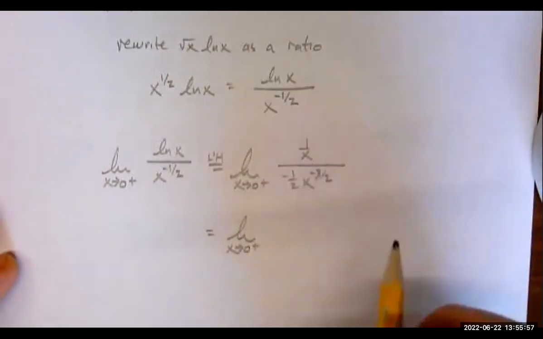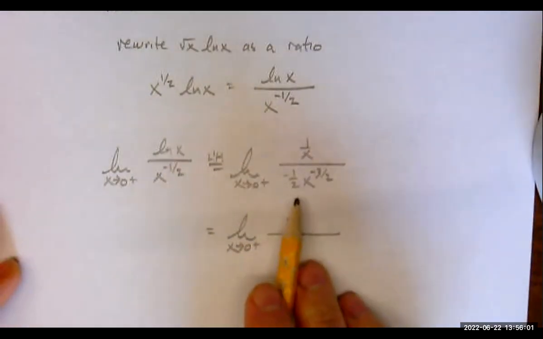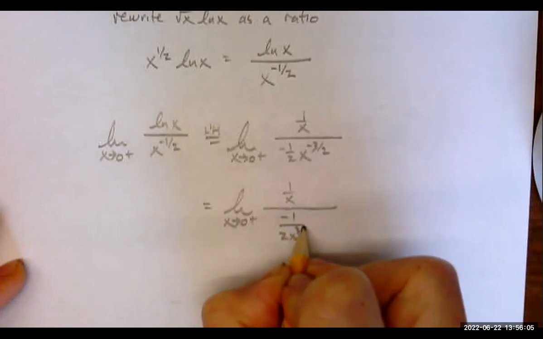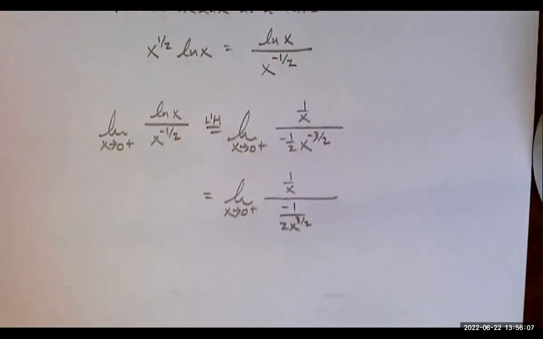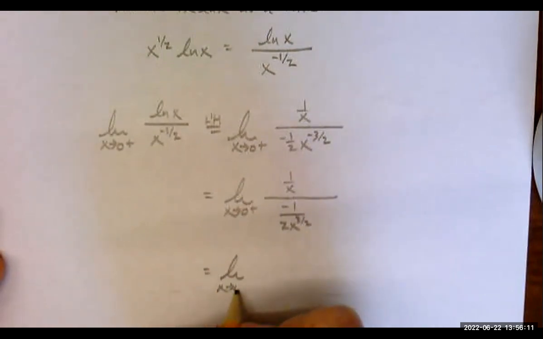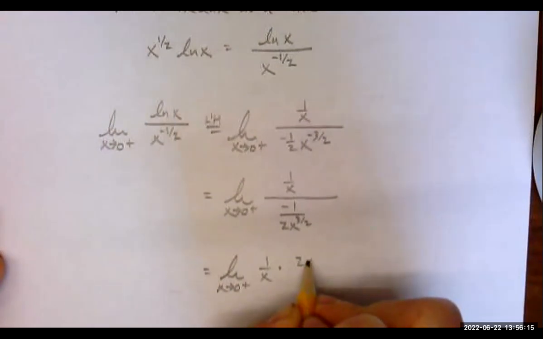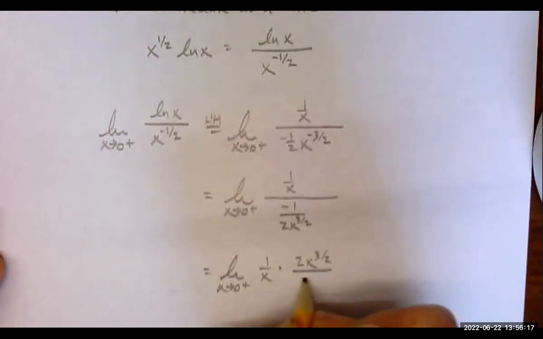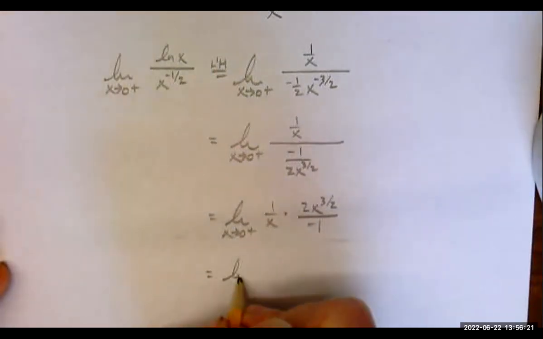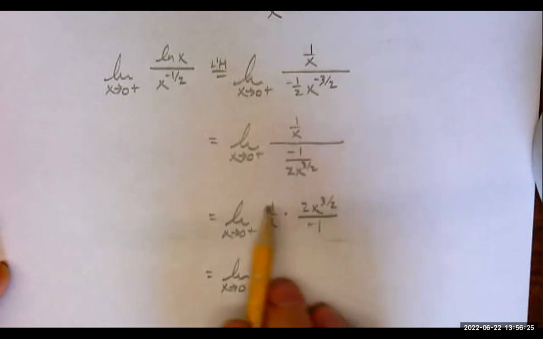Okay. So I'm going to leave the numerator as 1 over x. The denominator, let's write this as a fraction, negative 1 over 2x to the 3/2. Okay. And then I'm going to flip that denominator, multiply, and this is going to clean up pretty well. Let's see, it'll be negative.